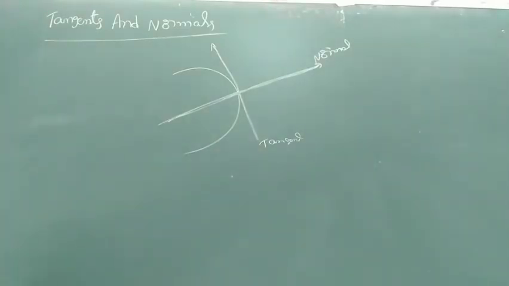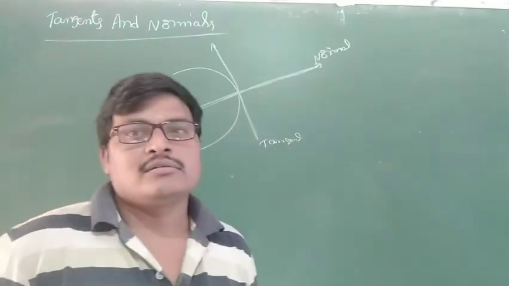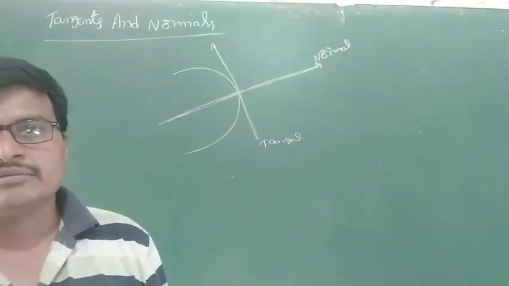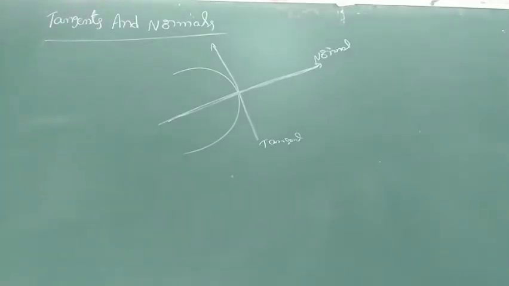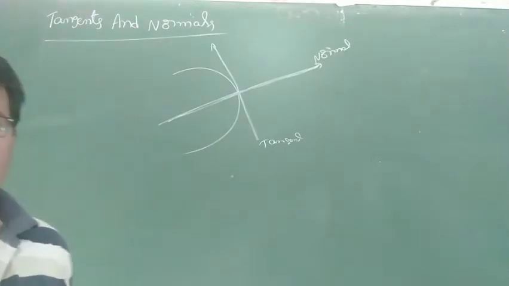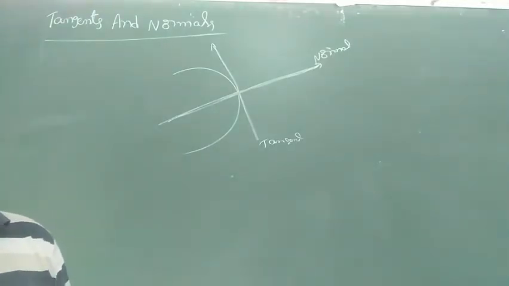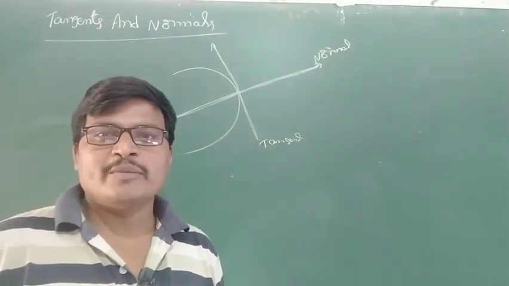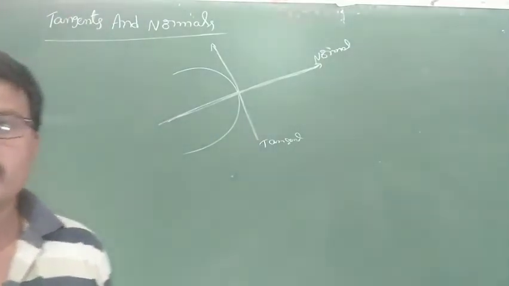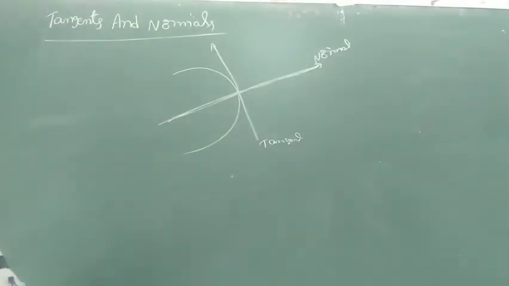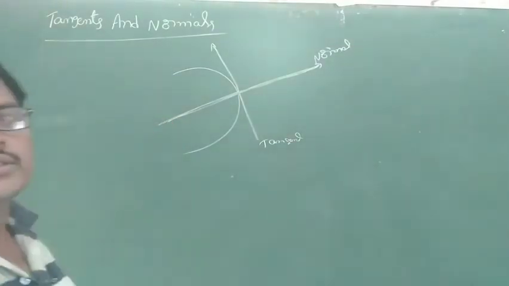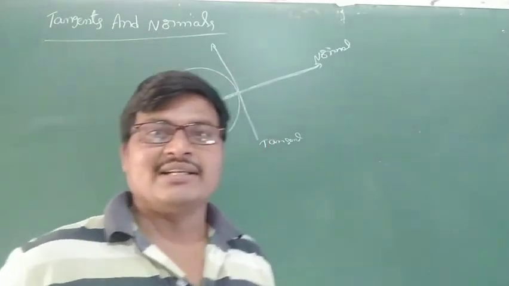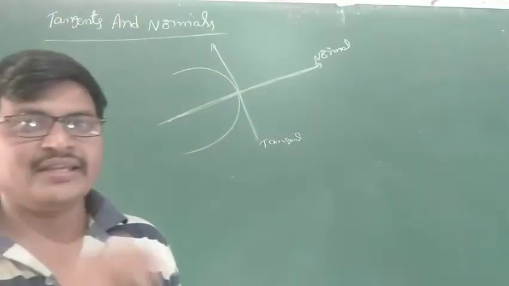The perpendicular to the tangent is called the normal line. So tangent and normal are both perpendiculars. Perpendicular to the tangent is called the normal line.